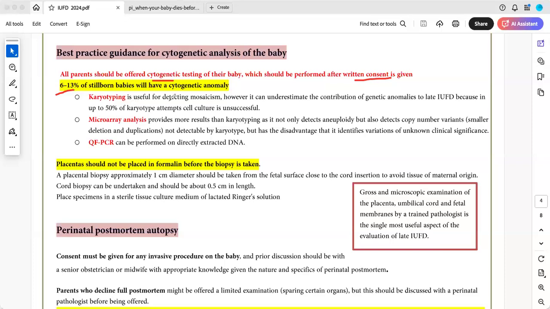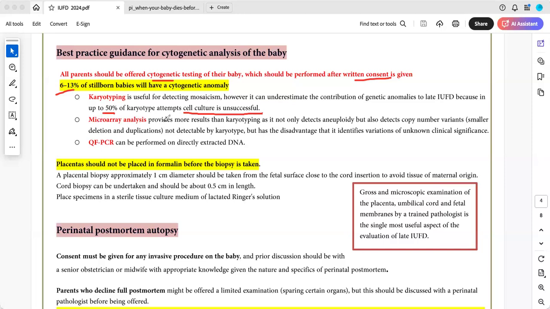Karyotyping will be useful to detect any cases of mosaicism, for example. However, it can underestimate the contribution of genetic anomalies to a late IUFD because up to 50% of karyotyping attempts, cell culture will be unsuccessful. This is a single best answer question that came before in the exam about the rate of unsuccessful cell culture, okay? 50%.